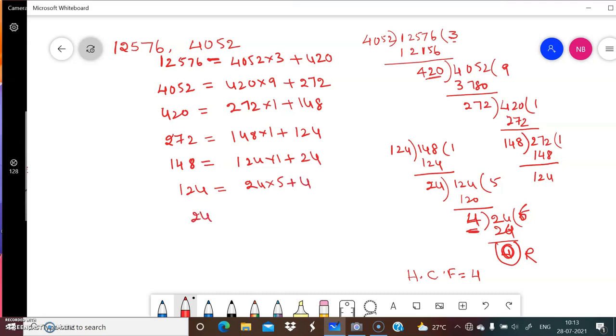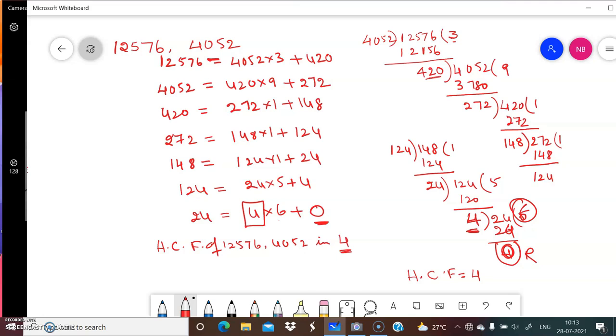Now 24 is equal to 4 into 6 plus 0. Where we got the 0 remainder, we have to consider that divisor, not the quotient. Here 6 is the quotient and its divisor is 4. That 4 is called the HCF. Therefore, HCF of 12,576 and 4,052 is 4.